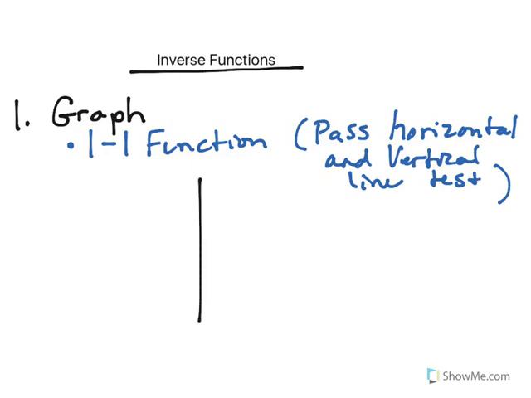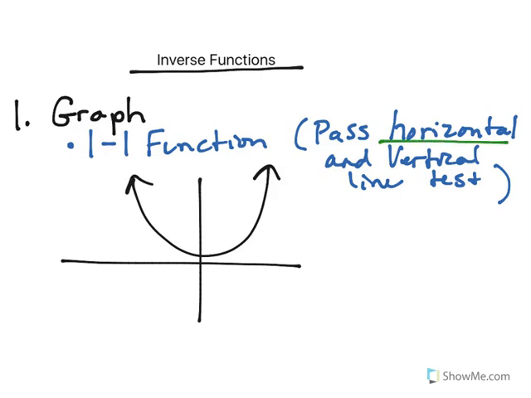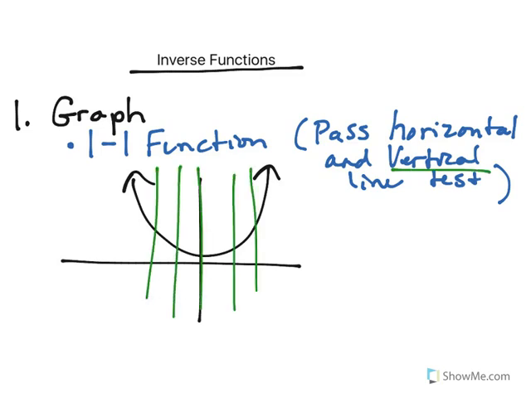If I was to give you a picture of a parabola, well, let's back up. We're going to do first the vertical line test. You just draw random vertical lines, and if it intersects in just one spot, then you do not have any repeated x values.